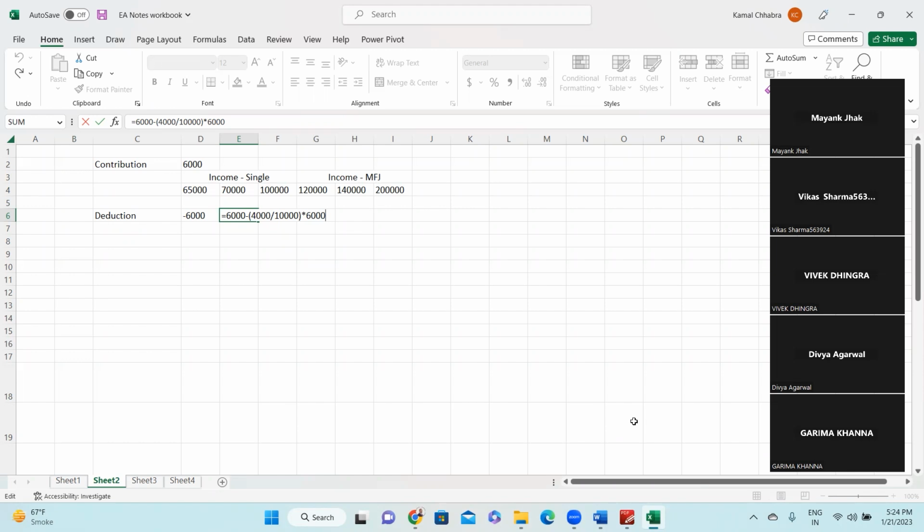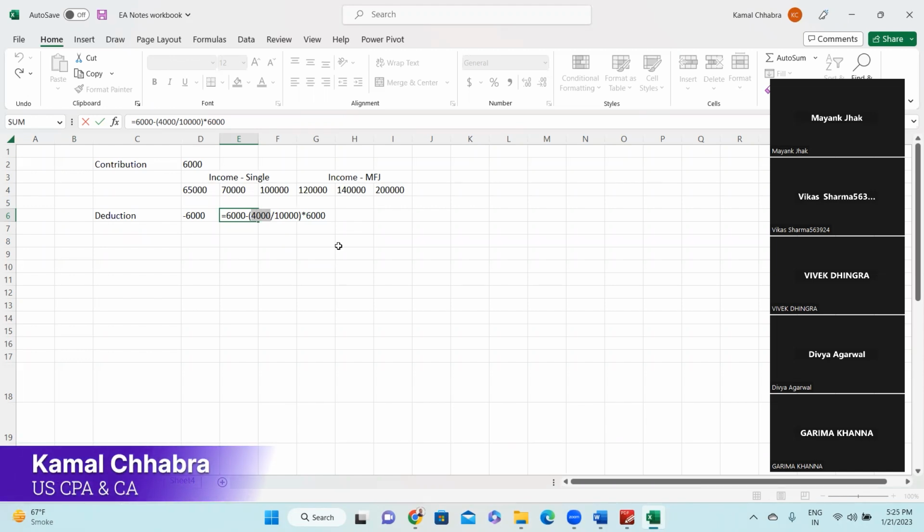How do we get this 4,000? 70,000 minus 66,000, right? Your income is 70,000 and the limit starts from 66,000. That means your income is 4,000 more than the limit, right?